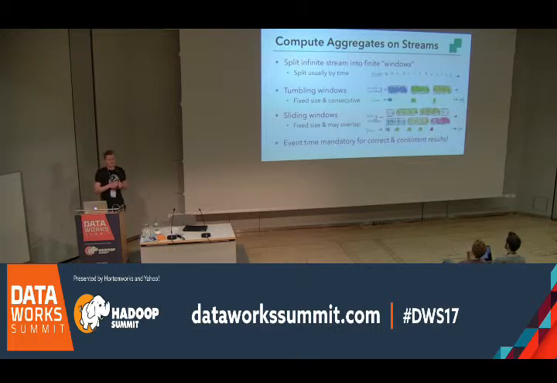A different type of window is the sliding window, which is similar to the tumbling window in that it is of fixed size, but this time the windows can overlap, such that elements can be part of multiple windows.